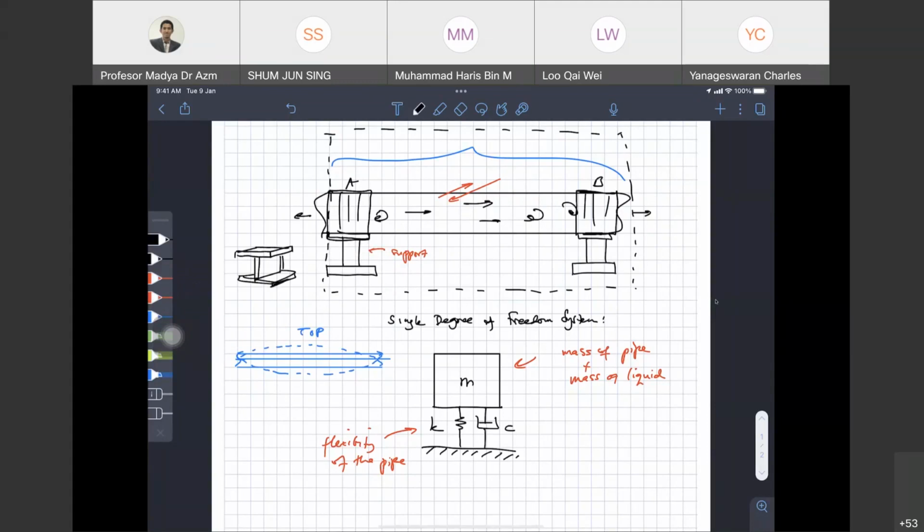The I-beam is created to be very stiff in the direction. So usually they use the I-beam. So very stiff. Okay, so remember, stiffness is the flexibility of the structure.